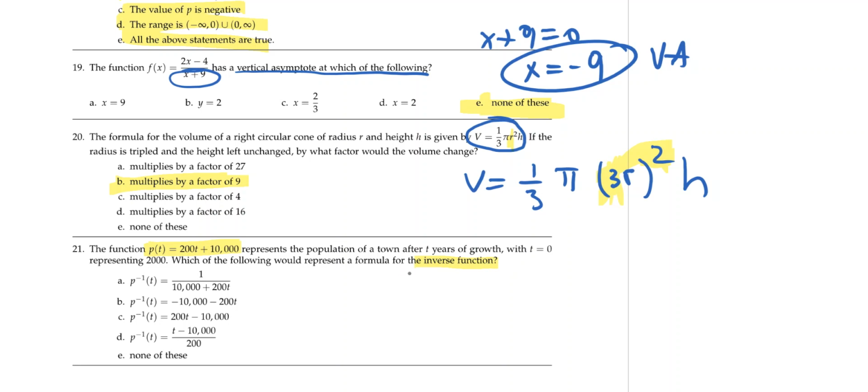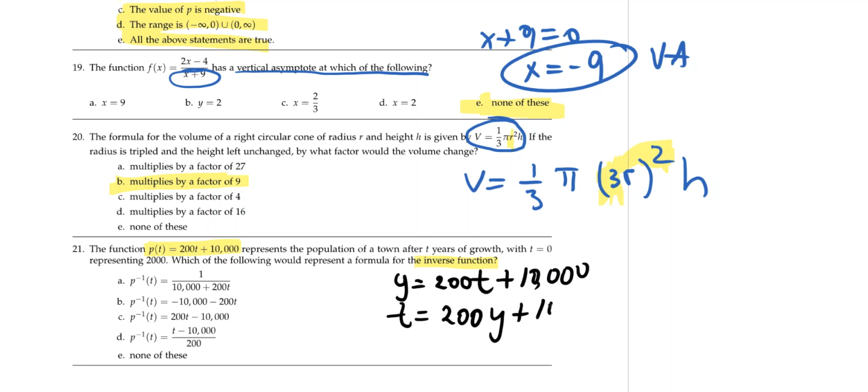So instead of p of t equals 200t plus 10,000, I'll write y equals 200t plus 10,000. And then switch the y and the t, in this case it's not x. So this is going to become t equals 200y plus 10,000. And then I'm going to solve for y.